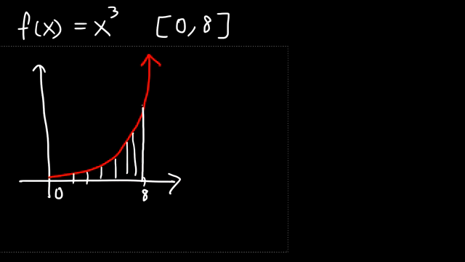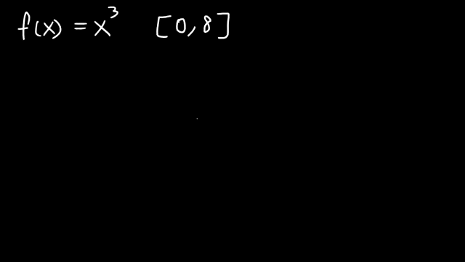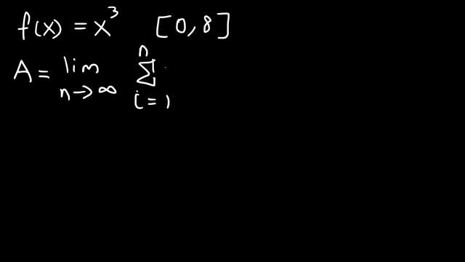Well, you need to know the formula. To calculate the area, it's equal to the limit as n approaches infinity of the sum of all of the rectangles, starting from 1 to n, of f of x sub i times delta x.